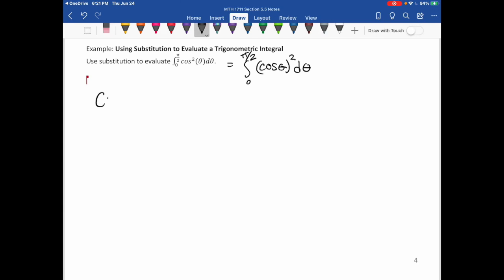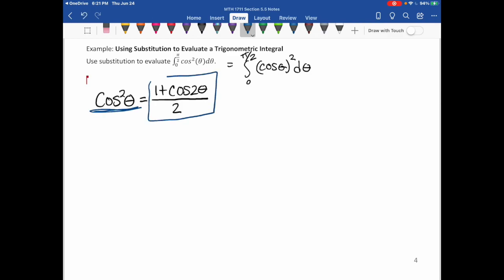Now, another thing that comes to my mind that we could try is, if I remember my trig identities, I remember that we had a trig identity that cosine squared theta is equal to 1 plus cosine 2 theta all over 2. So I'm going to try this substitution.